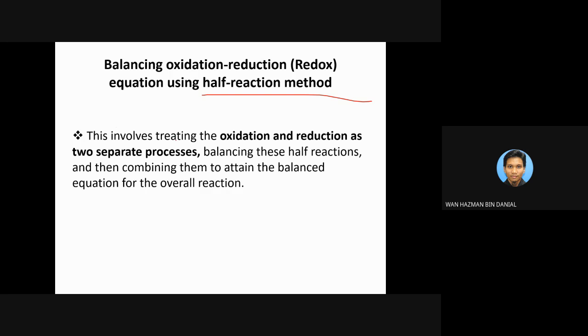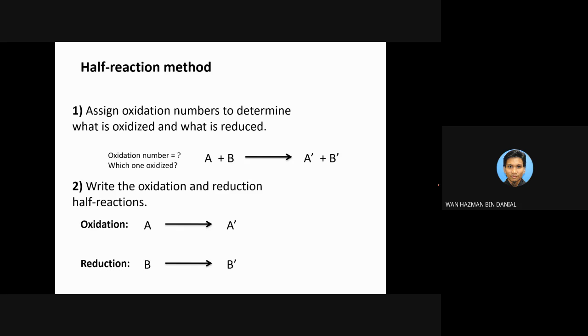It involves treating the oxidation and reduction as two separate processes. So we separate them, oxidation and reduction, for each process, and then we balance each of these half reactions. Then we combine them to attain the balanced equation for the reaction. Okay, so we shall see how.